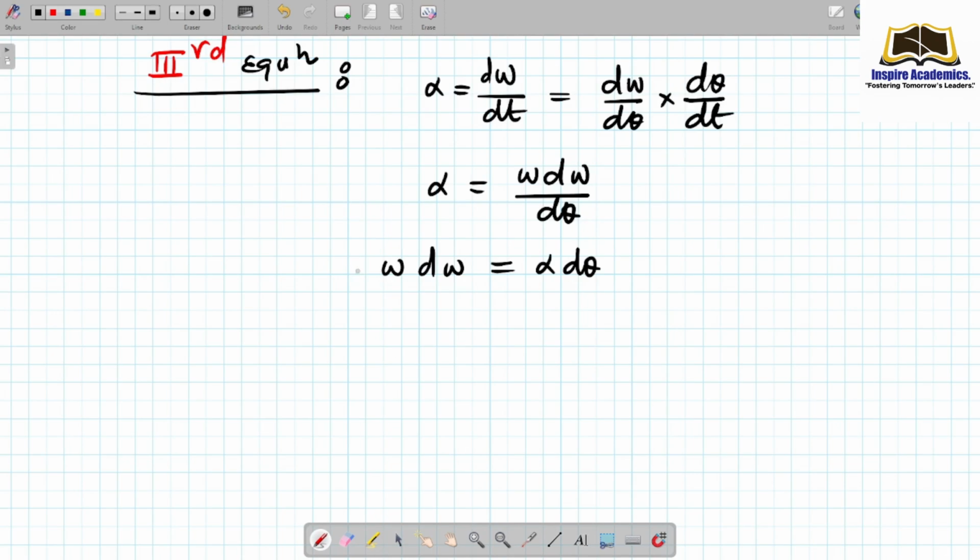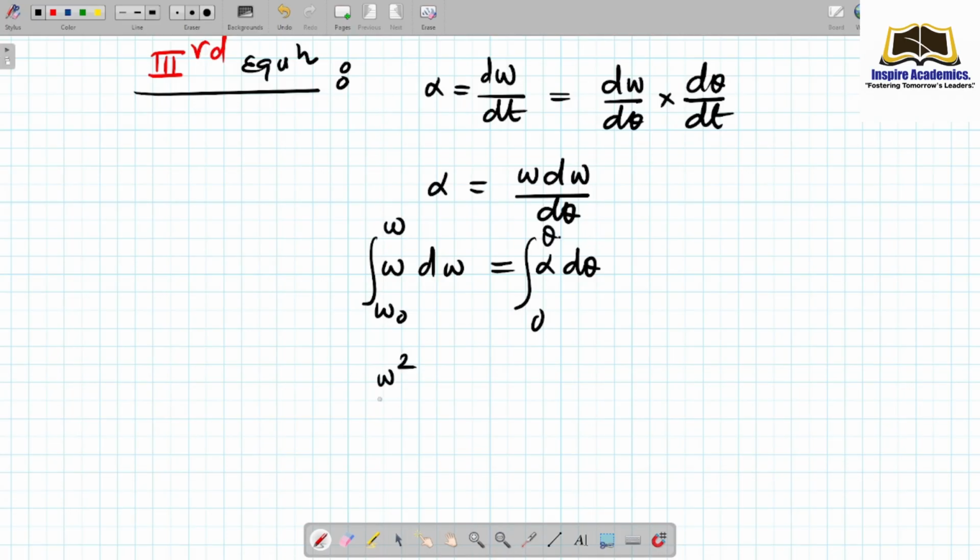So let us say my initial velocity was omega naught, and the final velocity was omega, with theta going from 0 to theta. So what shall we get?